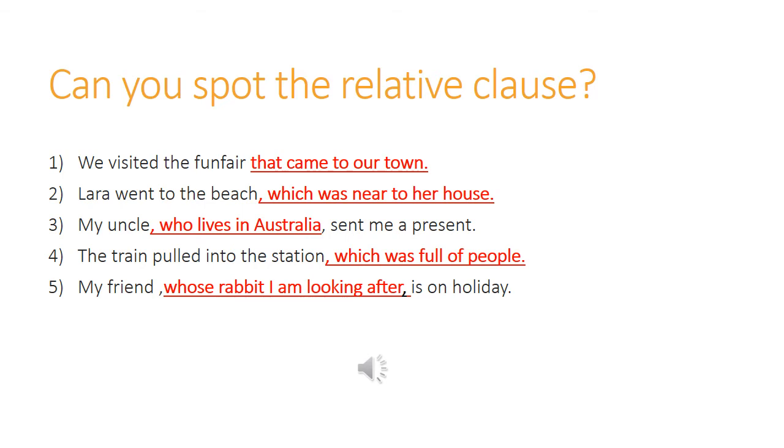Who lives in Australia is the relative clause. Sentence 4. Which was full of people is the relative clause. And lastly, on sentence 5, the relative clause is whose rabbit I am looking after. If I take any of those relative clauses out, the sentence still makes sense on its own. How did you do?